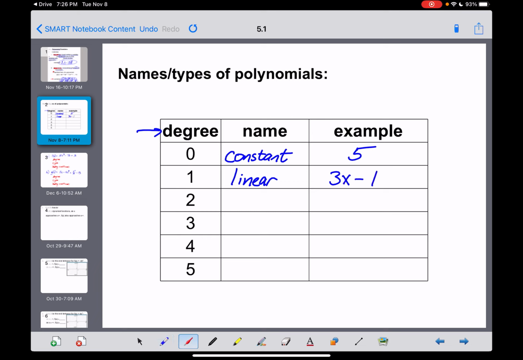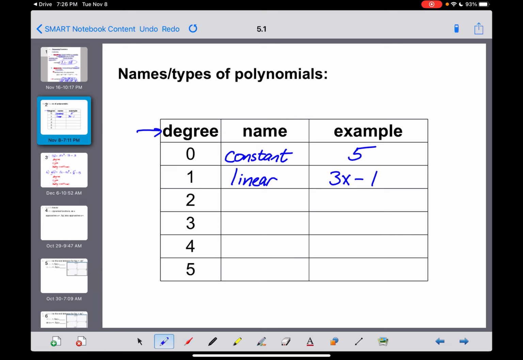You'll notice there we have an x, but with no exponent listed, we should know that's an exponent of 1. Whereas in that 5 up above, that's really an x to the 0 power because there was no x there. So when we talk about degrees, we're talking about the highest exponent that you see on your variable. That's 3x to the first, so that's why that's a first degree polynomial.